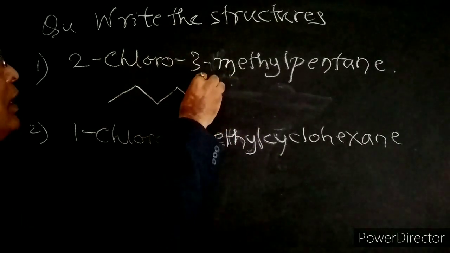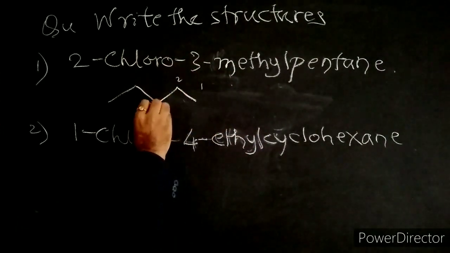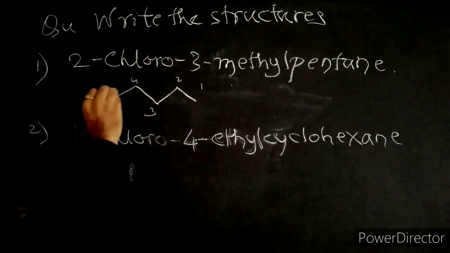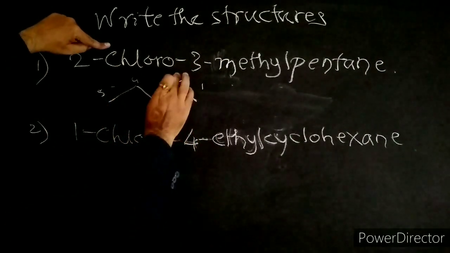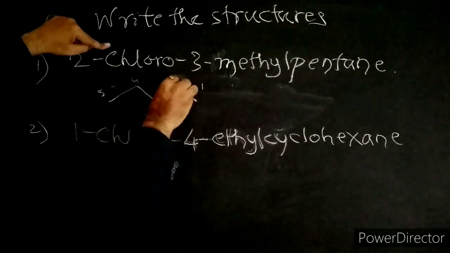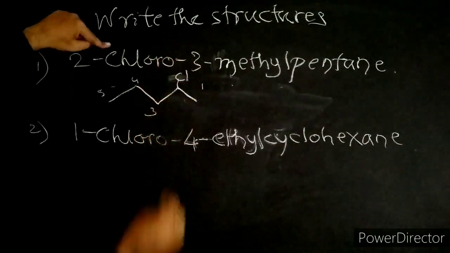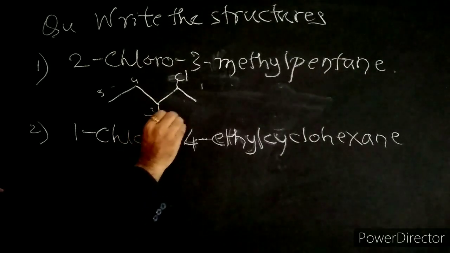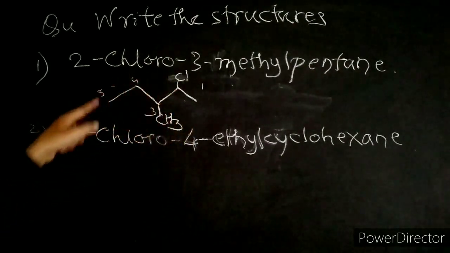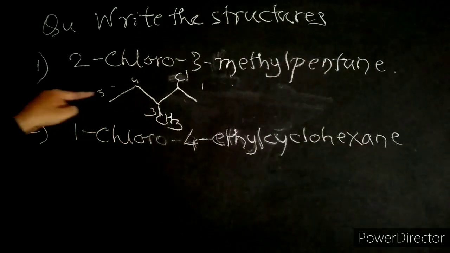You number the carbon atoms from any end. On the second carbon atom there is a halogen, that is chlorine, so we write Cl. On the third carbon atom there is one methyl group, CH3. Therefore, this is the structure of 2-chloro-3-methyl-pentane.